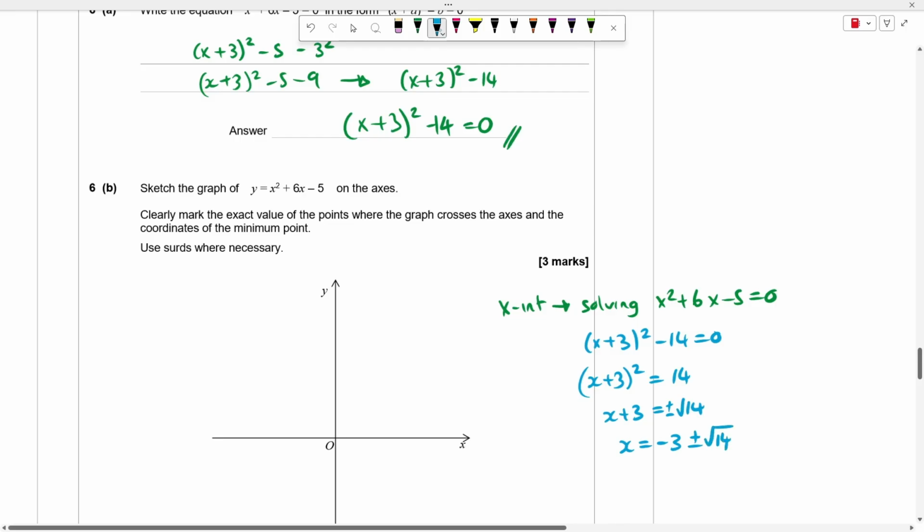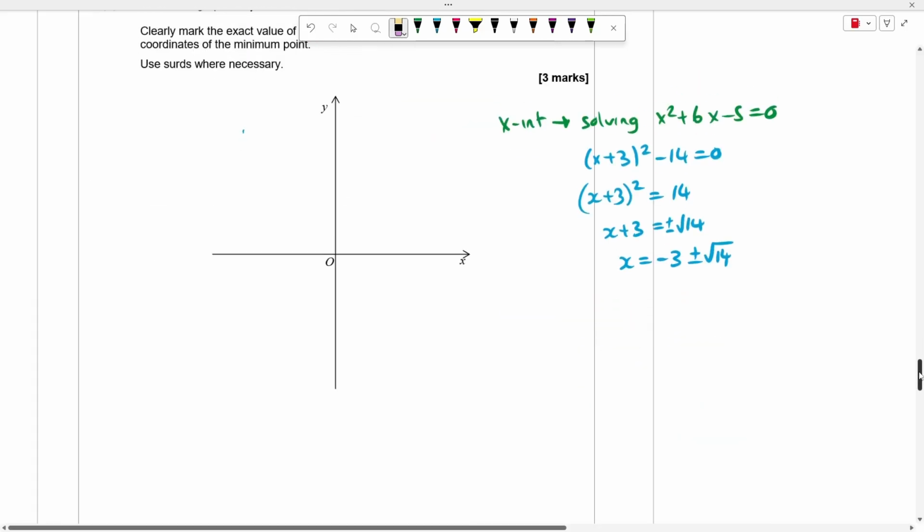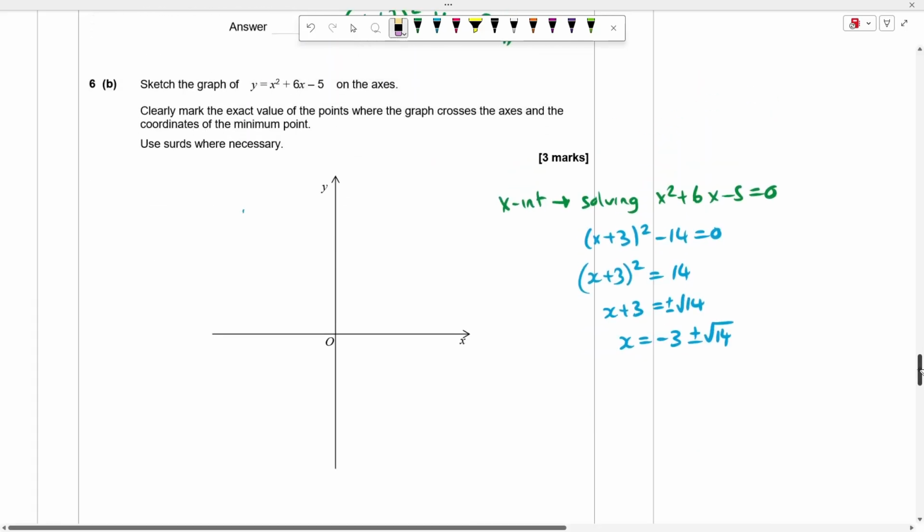So my two x-intercepts are going to be, if I just draw my parabola, and let's just move this down a little bit. There we go. And so my two x-coordinates are this: x equals negative 3 minus root 14, or negative 3 plus root 14.